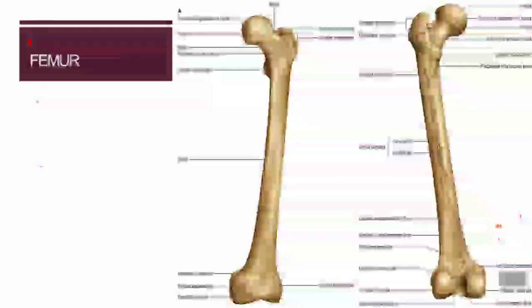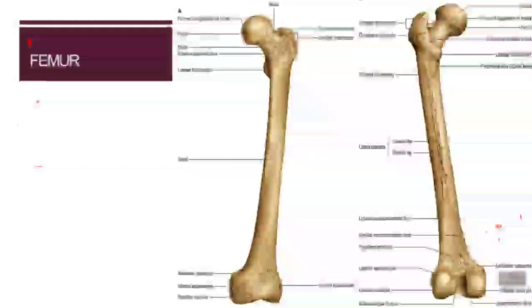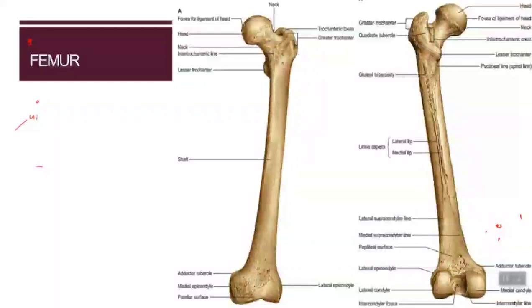First of all, I want to describe the classification of the femur. In anatomy, we divide the femur into three parts: the upper end, the body, and the lower end.